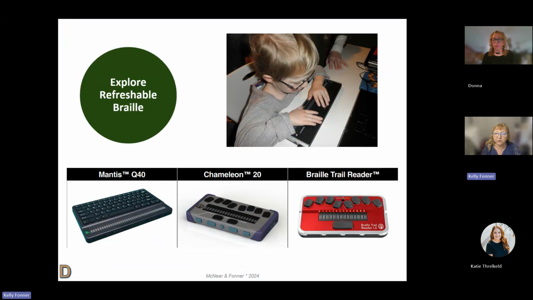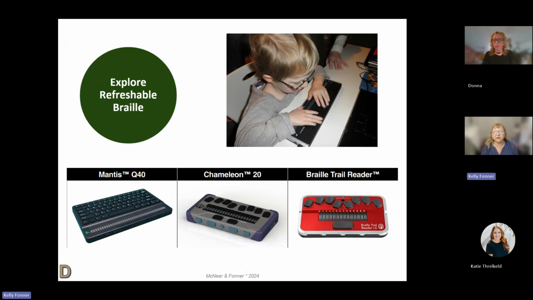And Donna, people may notice that on these refreshable Braille displays, it is an 8-dot pattern rather than the 6-dot. Right. So that and other places in the world, Braille cells incorporate some 8-dot configurations, and we don't do that in the United States.